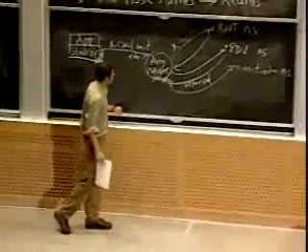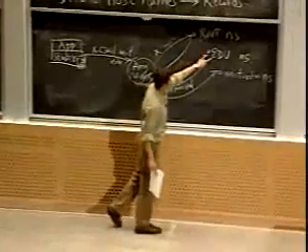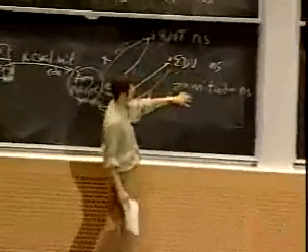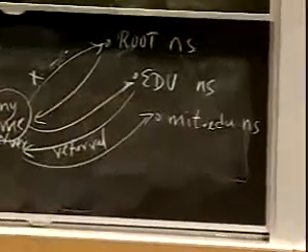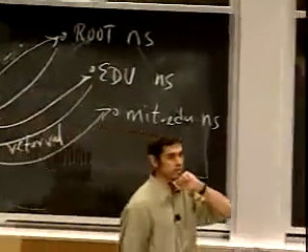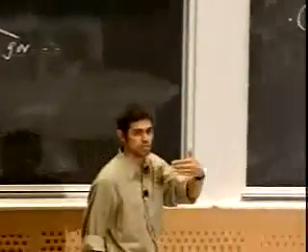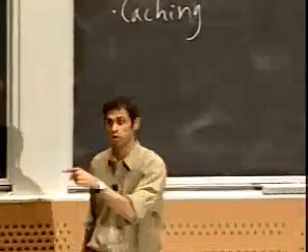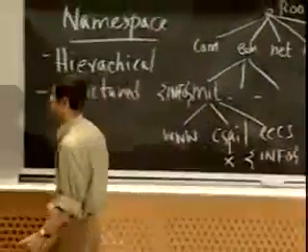The first kind of name resolution that's going on in DNS is the kind of resolution that the edu name server or the mit.edu name server is doing in this picture, and that's called iterative resolution. Iterative resolution says the following. If I ask you to do some work for me to resolve a name, and you don't know the answer, you just tell me, I don't know the answer, but you go here and find out the answer. So you're getting these pointers referring you to the right place.